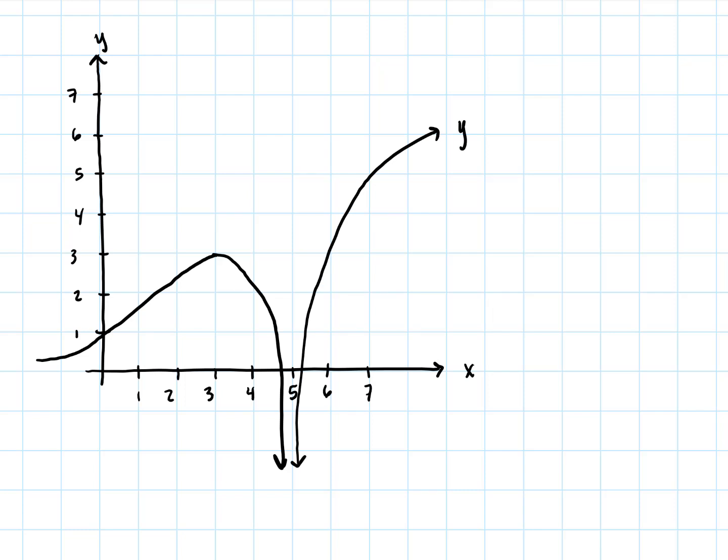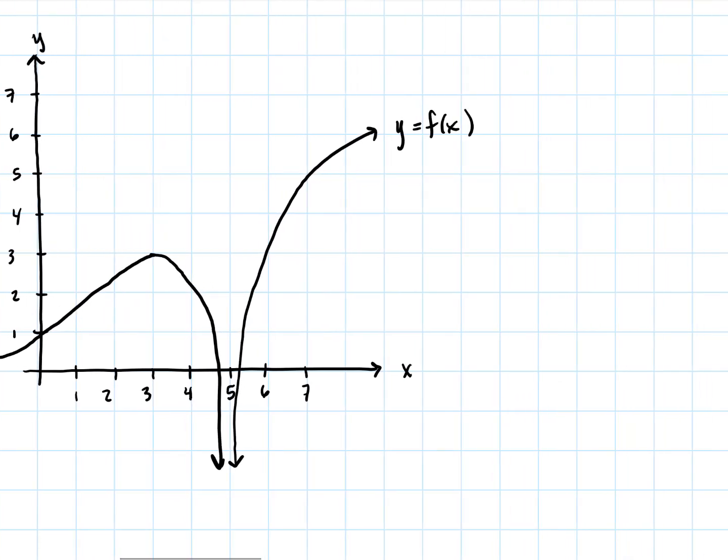So let's call this y equals f of x. If we take this function and consider a couple of limits, let's look at a few. For instance, what if I wanted to find the limit as x approaches 0 of this function f of x?